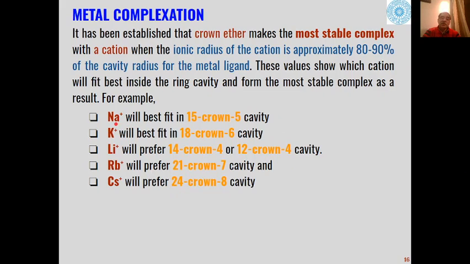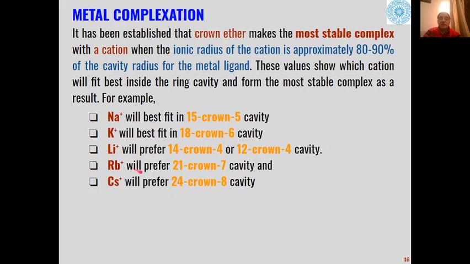For example, the sodium ion will fit best in the 15-crown-5 cavity, based on the size of the sodium ion and the size of the cavity of this crown ether. Potassium ion will fit best in 18-crown-6. Lithium ion will prefer the 14-crown-4 or 12-crown-4 cavity.